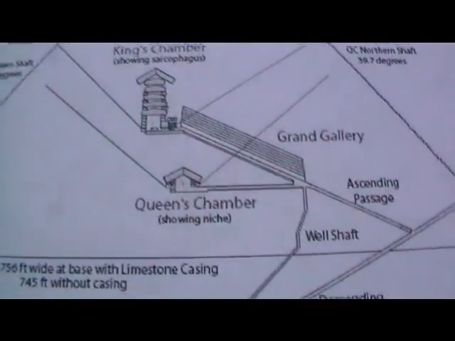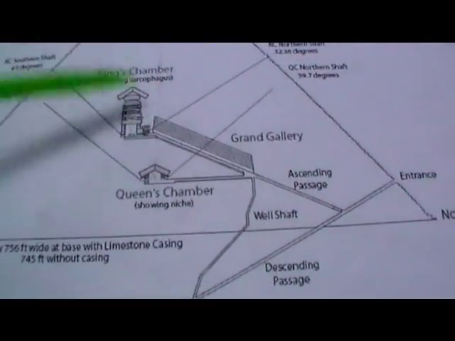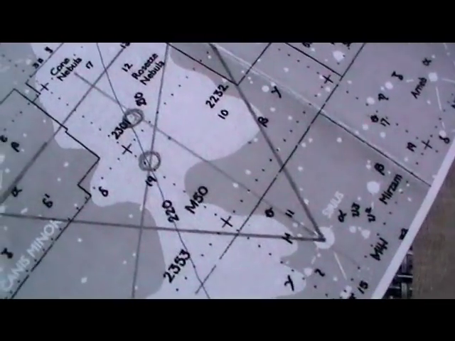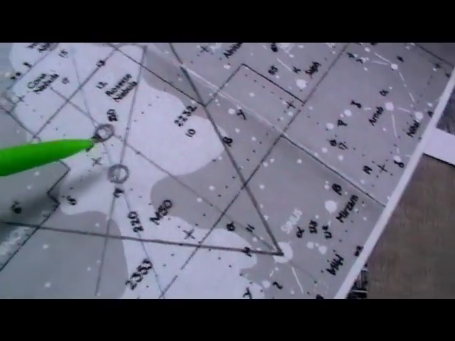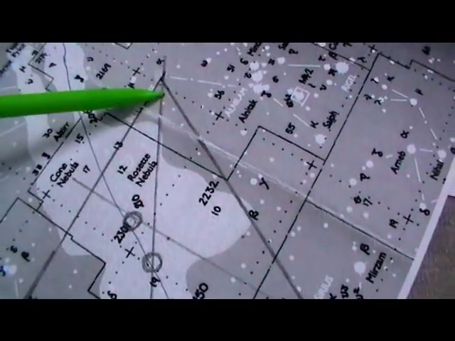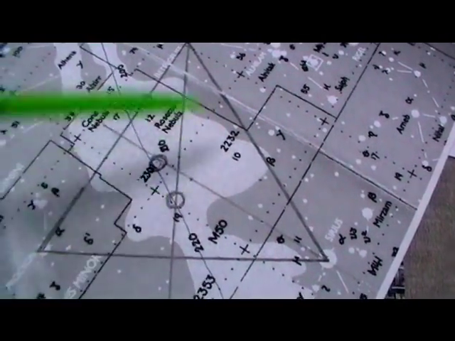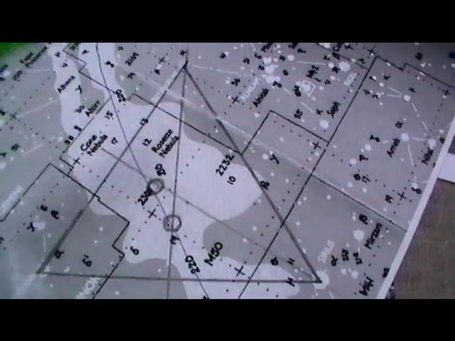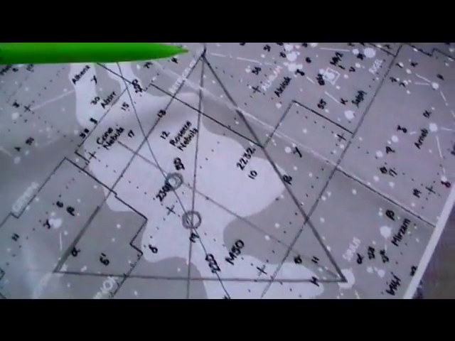Then I thought there must be something more to the King and Queen's Chamber. When I overlaid that on a star constellation, I found that it wasn't by any coincidence. First of all, the Queen's Chamber is central with the pyramid in the star constellation of the Winter Triangle. We've got Procyon, Betelgeuse, and what's the other one? Sirius stars there.